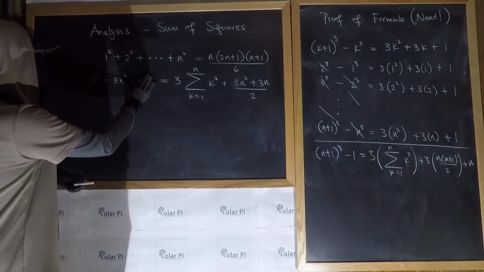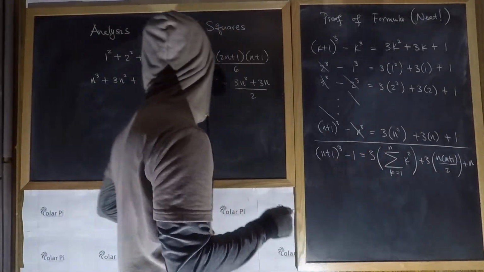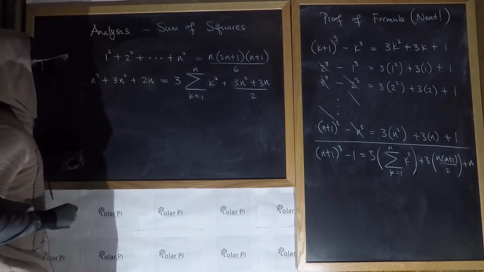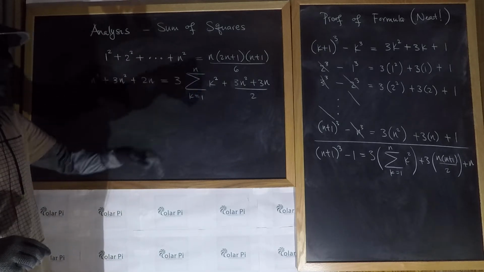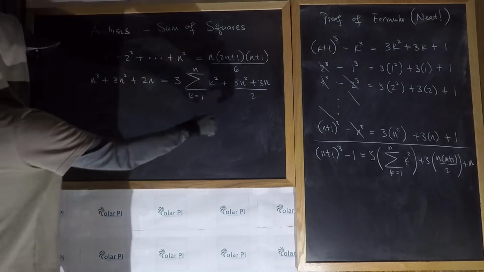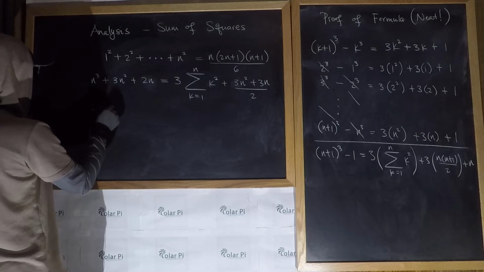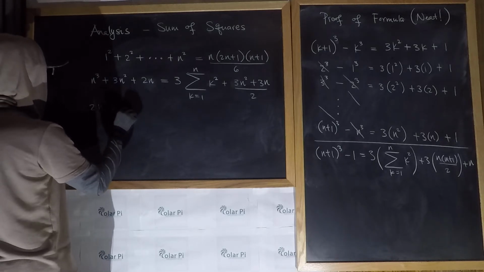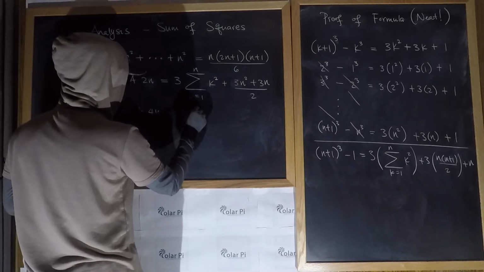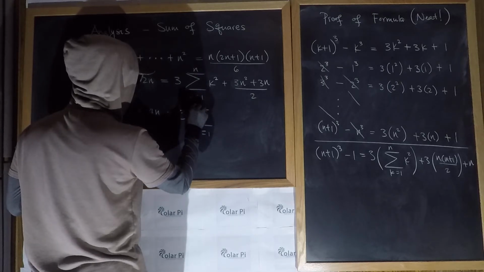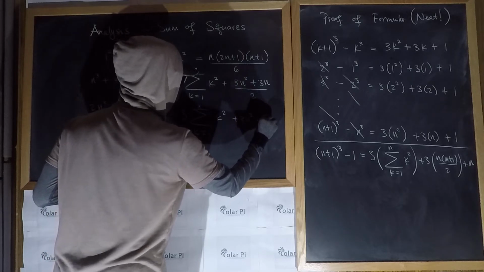That plus n, I'm going to take out of these 3 n's, which is subtract an n from both sides of this last equation, so I could write a 2n right here. Got it. And then next, if I multiply both sides of this equal sign by 2, then I'll be able to get rid of that denominator of 2. So I'm going to get, if I do that, 2n cubed plus 6n squared plus 4n is equal to 3 times the sum from k equals 1 to n of k squared, and then it's plus 3n squared plus 3n.